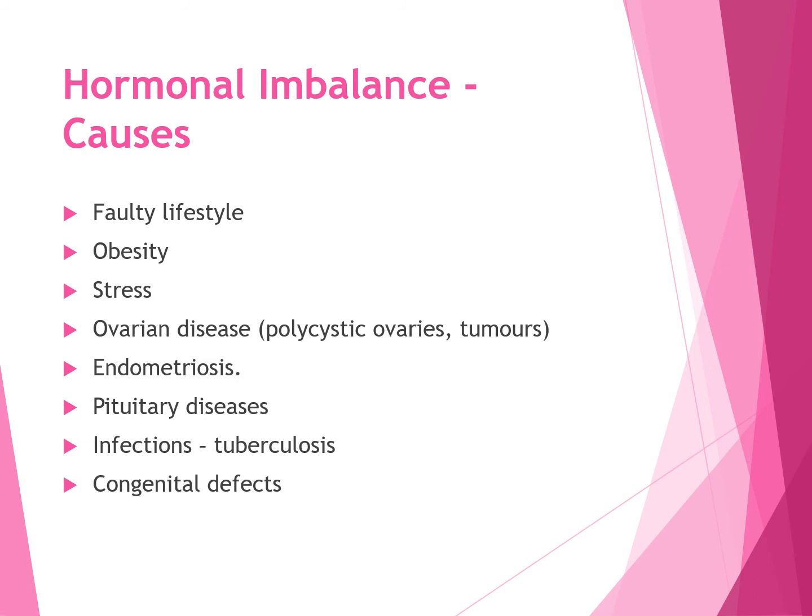Congenital defects: this problem occurs from birth. For example, juvenile diabetes, type 1 diabetes, occurs because of the pancreas. There are no beta cells, alpha cells from birth.